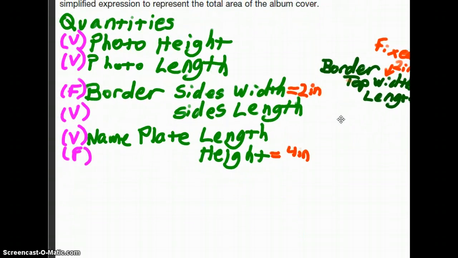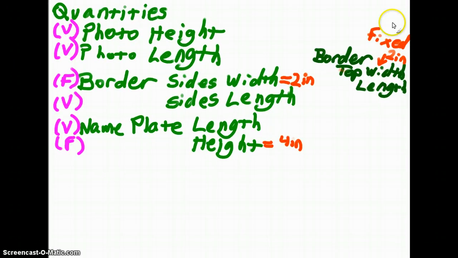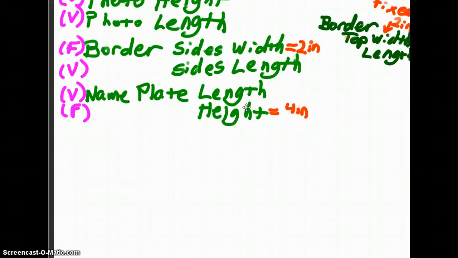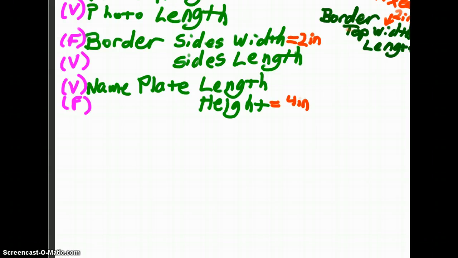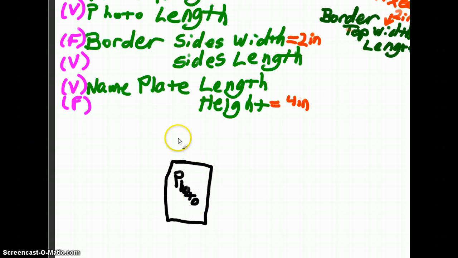And it really helps, if this doesn't make sense, to draw the diagram first as a general template. So we know that we have a photo. So here's our photo. And then there's going to be some kind of border that goes around the top and along the sides.